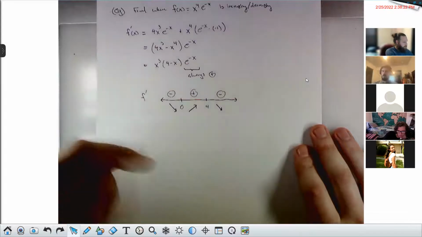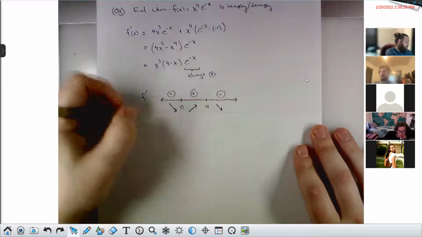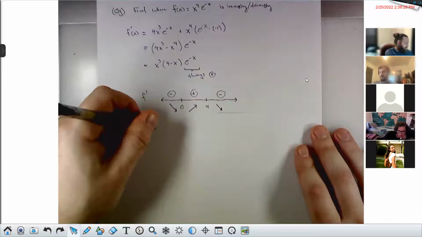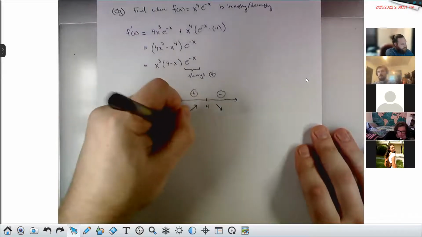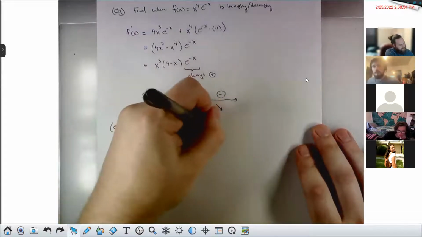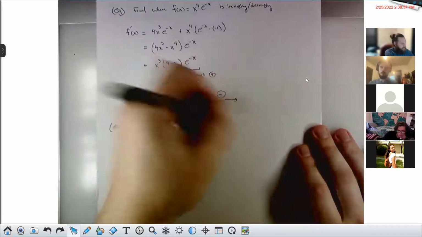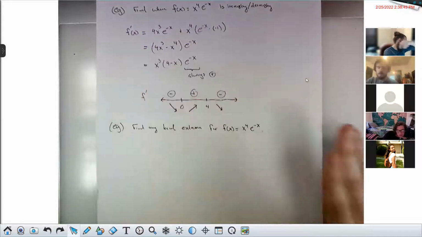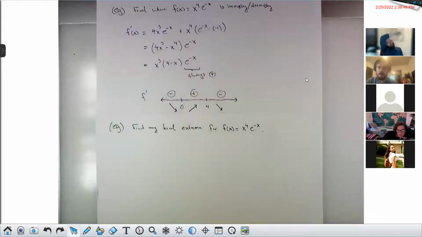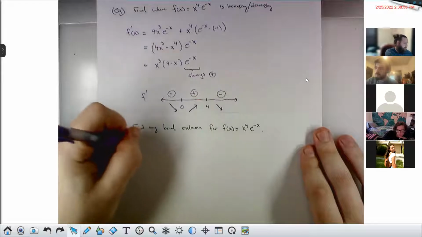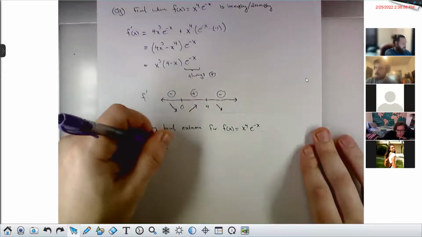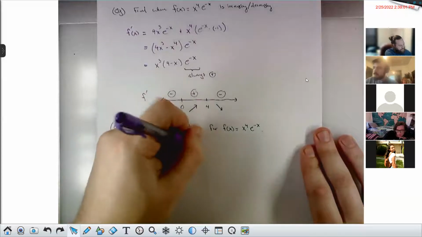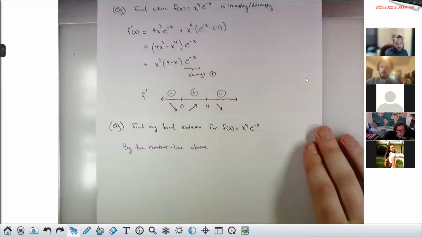We can say now, any local extremum for f of x equals x to the 4th e to the negative x. And we would say by the number line work above, or you could cite your sign chart.